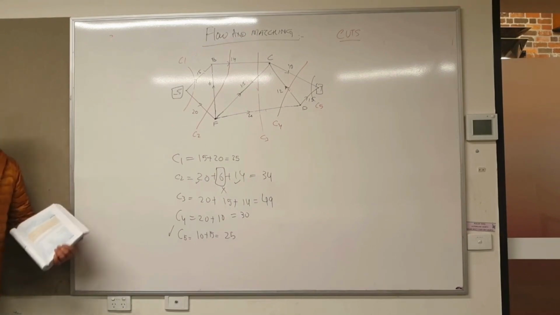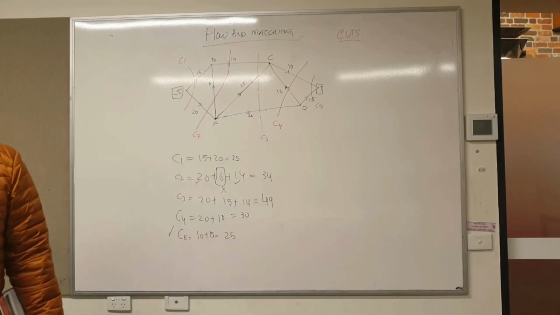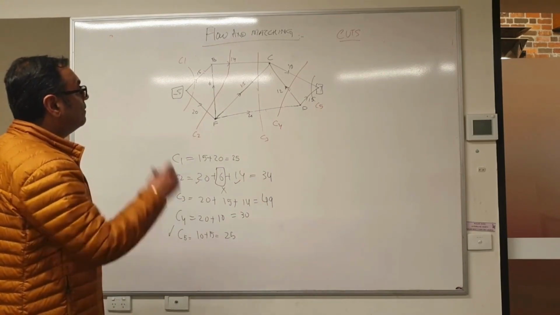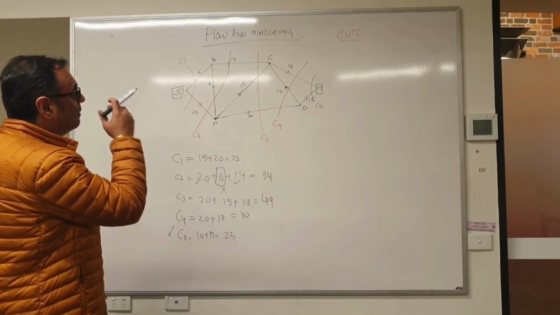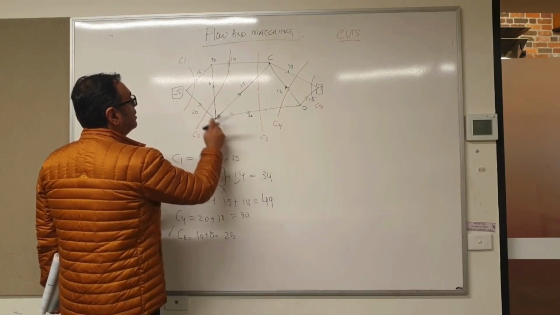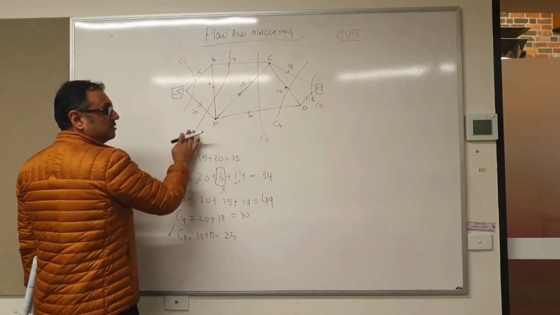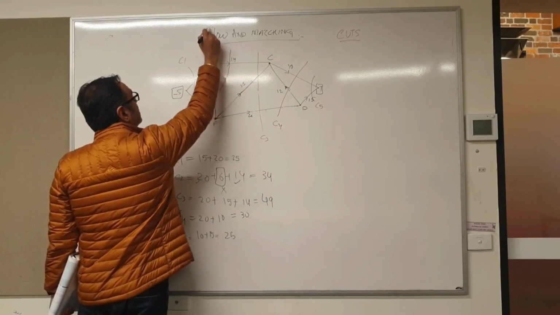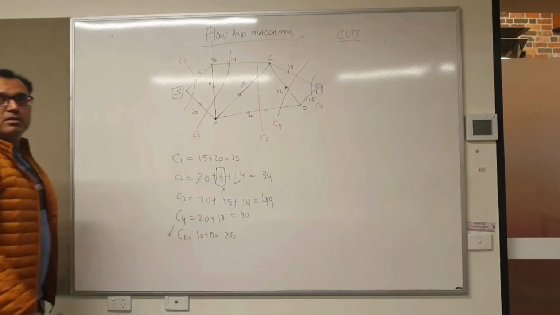Any doubts here? Wait, why is the diagonal 15 one valid but not the 6 that's going on? Sorry, which one? The diagonal 15, why is that a valid cut but not the 6? For C3? Yeah. Let's look at this cut. Where is the water going? Is it ever going to cross the cut?